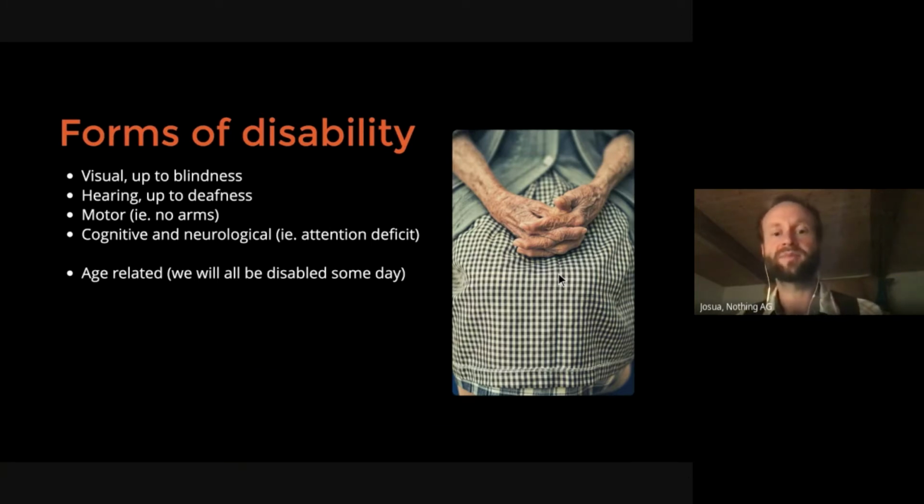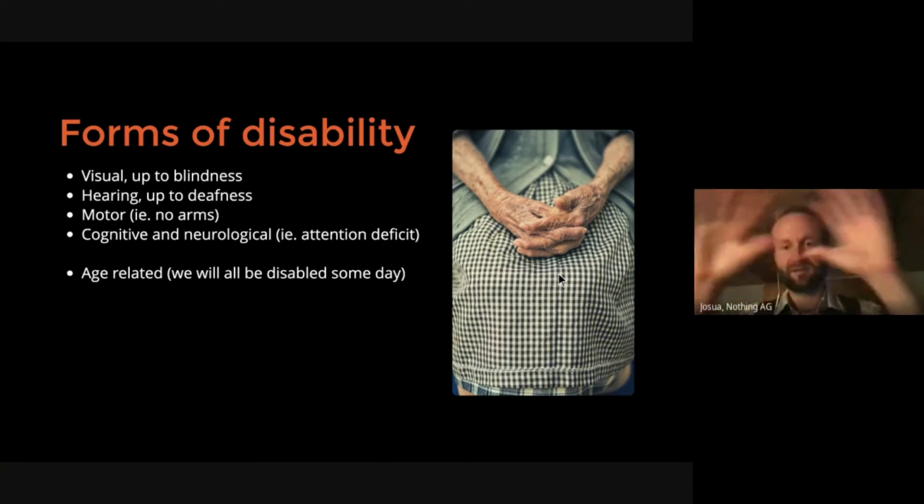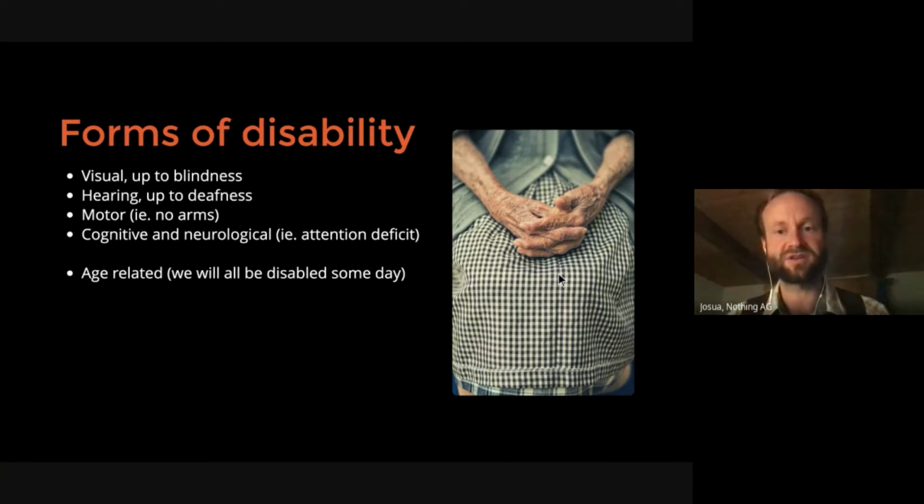All elder people are disabled in some way, or most of them. And even if it's just the cognitive capacity, they are not able anymore to consume all those complex information and interaction patterns.